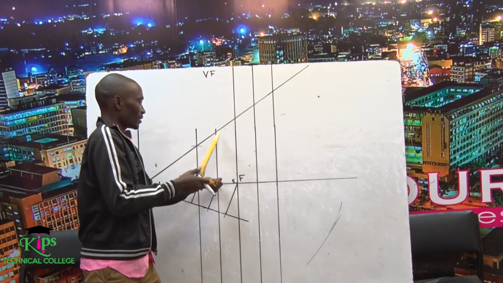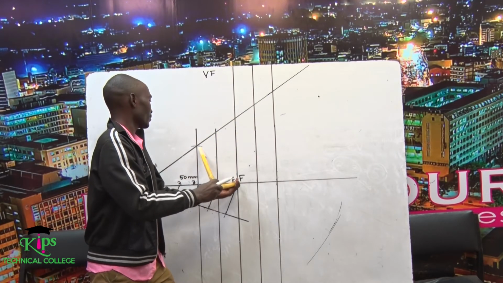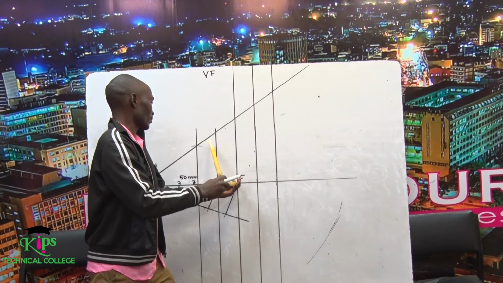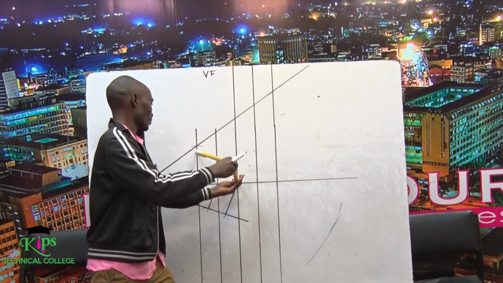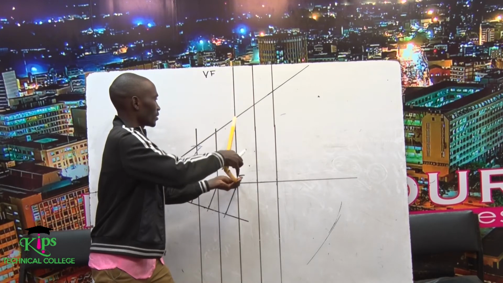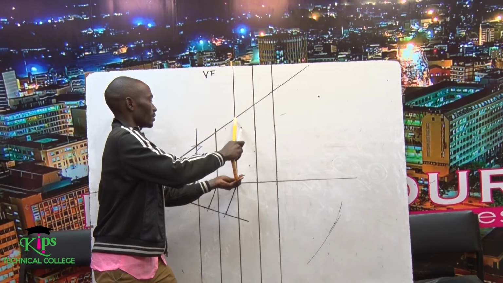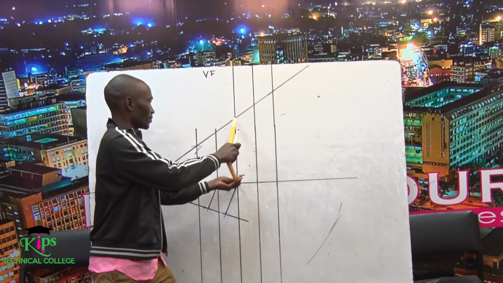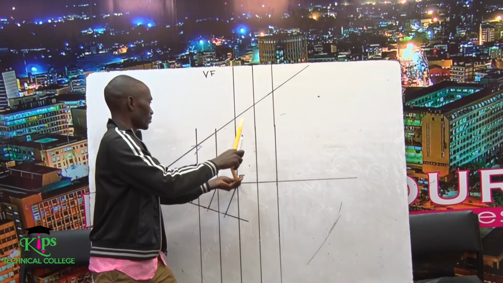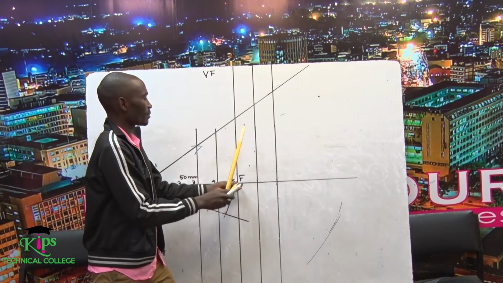Like this. Then now I should step at point F. The mark. I'm exactly at point F.